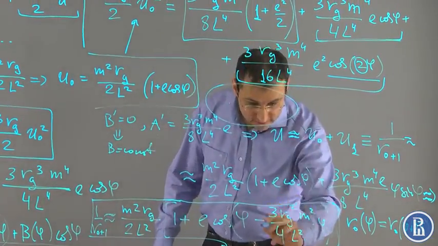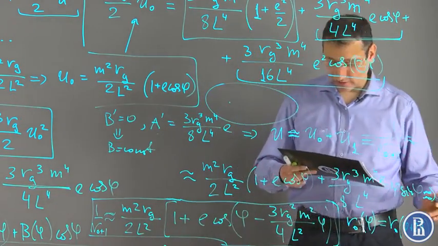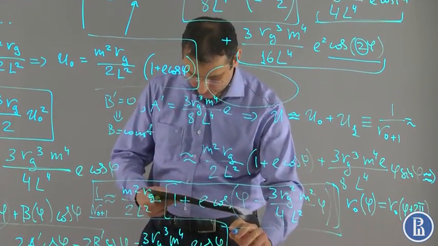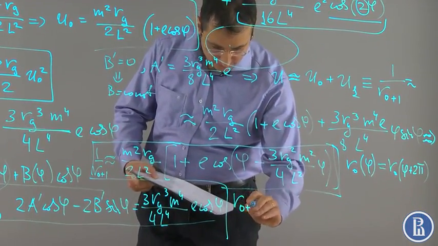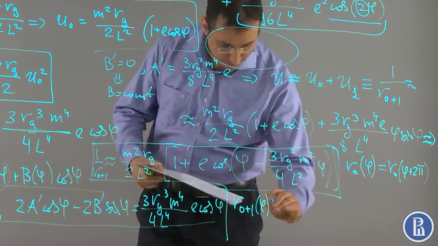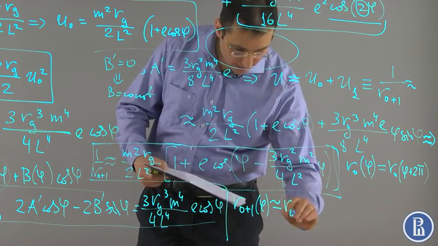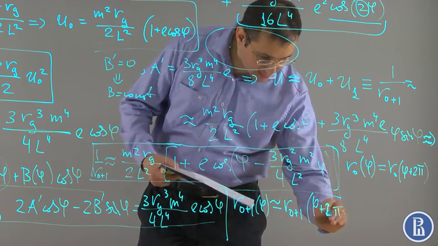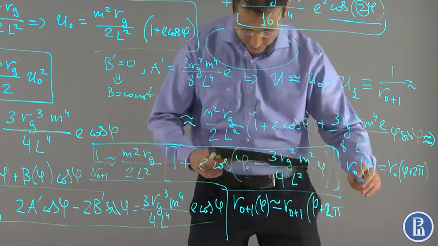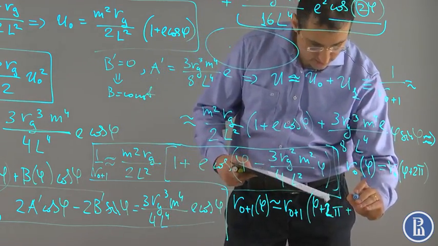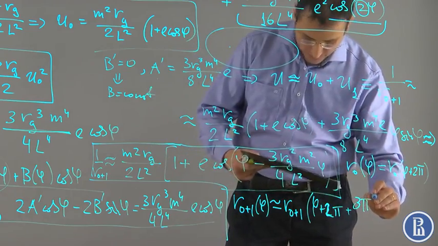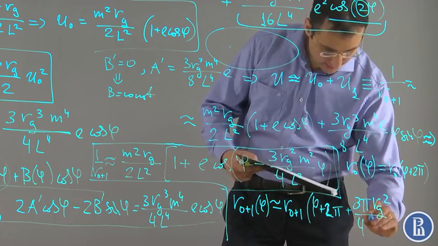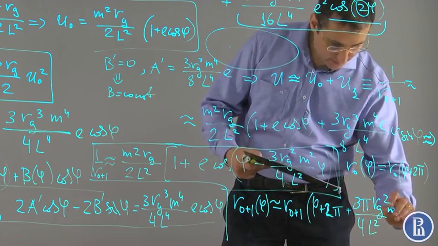But now, due to this extra correction, the trajectory is closed under the following condition: that R0 plus 1 of phi is approximately equal to R0 plus 1 of phi plus 2 pi plus an extra contribution due to this term, plus 3 pi Rg squared divided by 4L squared m squared.